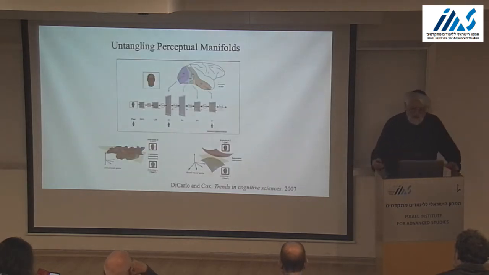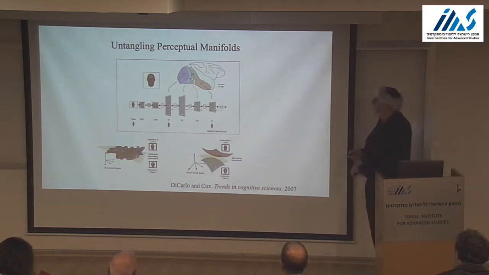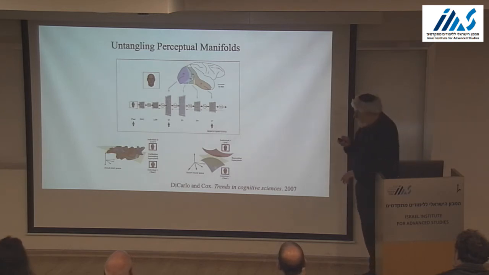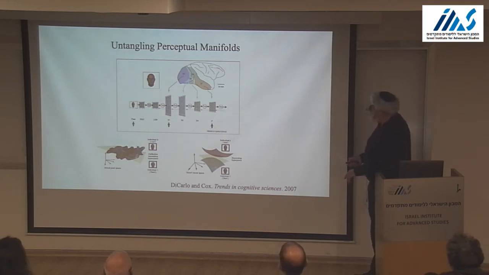So there was a qualitative notion raised as a hypothesis by several researchers, which said that basically the reason why you have a hierarchy is to solve this perceptual invariance problem. That's precisely the reason why we need this hierarchy. And the idea is to think about the neural responses to two different people, again, because they can come in a variety of poses and locations and expressions and so on.